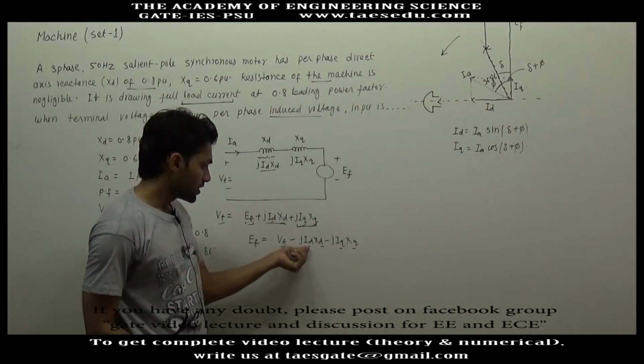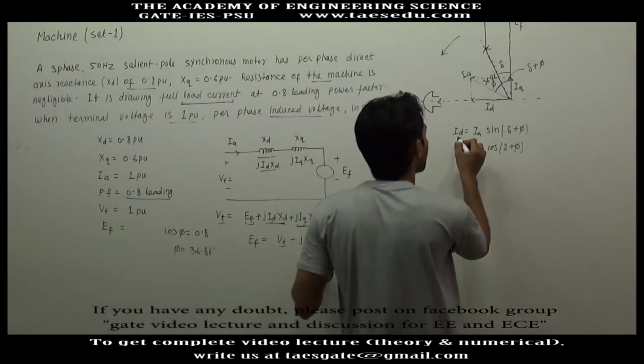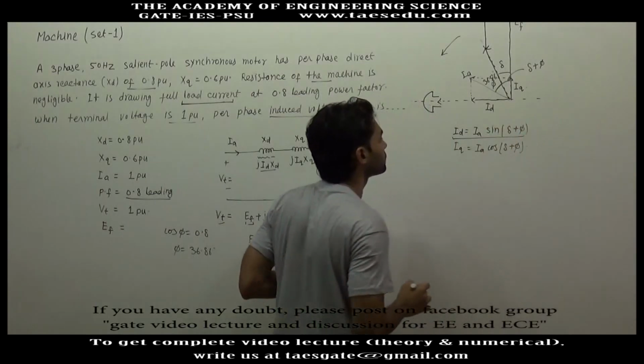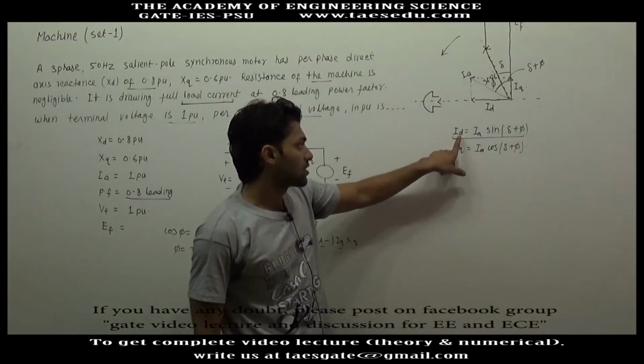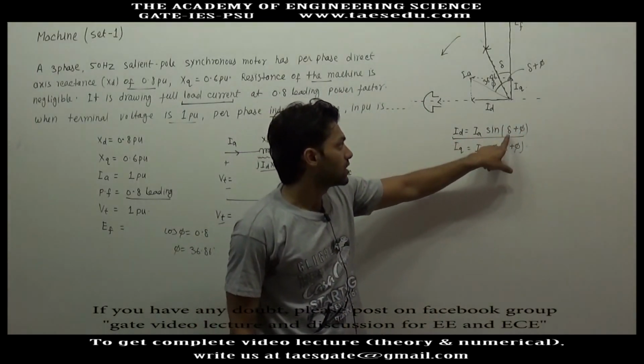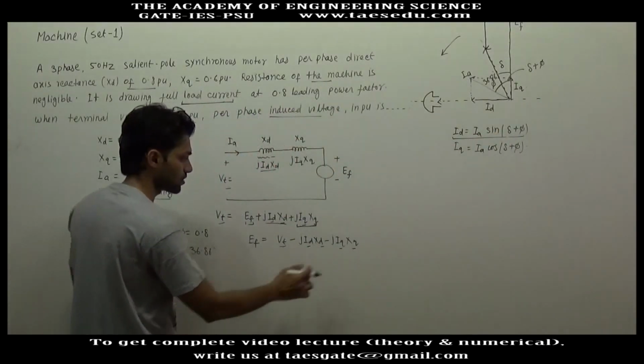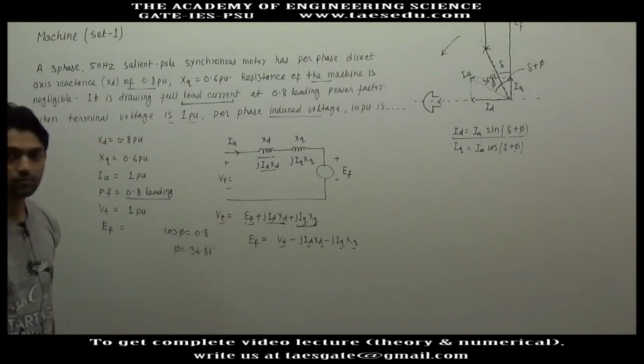But we have a relationship between Id and Ia. So can you find out Id with this relation? For finding out Id, Ia is known but delta is not known. So we have again an unknown here. So again we cannot use this equation to solve EF.